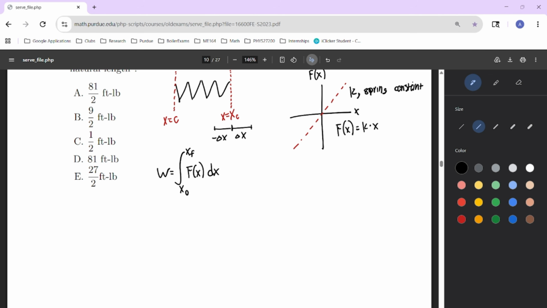So that's the direction of work. Bear in mind this only applies for a spring. There obviously are other cases, but for springs it'll always be this, right?